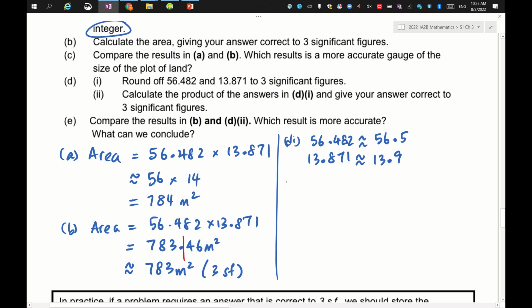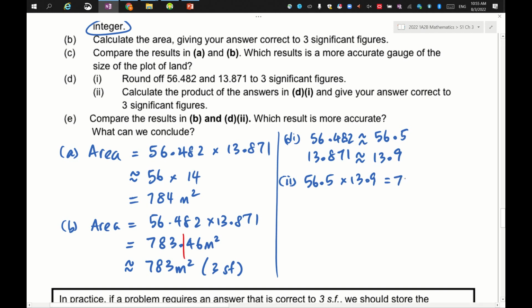Okay, let's multiply them together. 56.5 times 13.9, we get 785.35. Then they say give your answer correct to 3SF. Okay, now 3SF, 785.